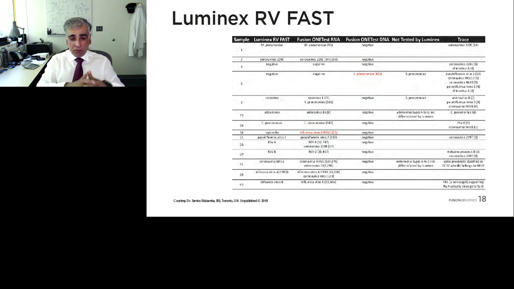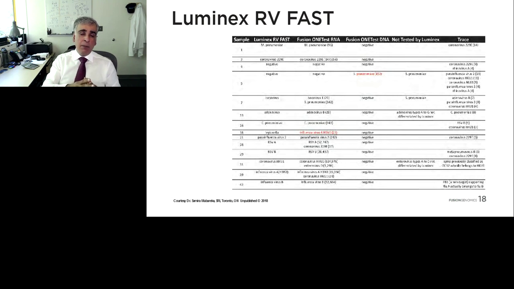Now, after we saw this, again, we already knew, but it reinforced our understanding about testing the negative samples. So in this study, which was conducted with the European Union CDC, one of their institutes, it is a 300-patient study, but we'll just be talking about the negatives.